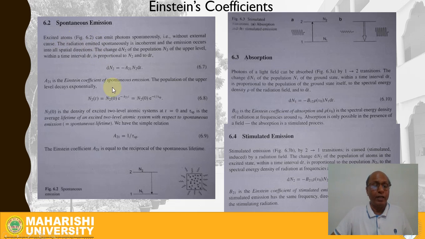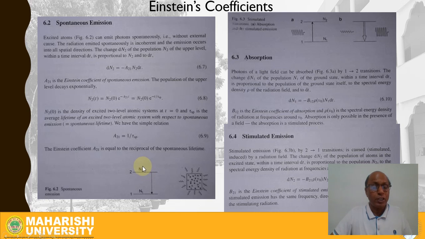As you can see in this figure, two atomic levels, 1 and 2, are given, with the energy levels E1 and E2, and with population densities N1 and N2.